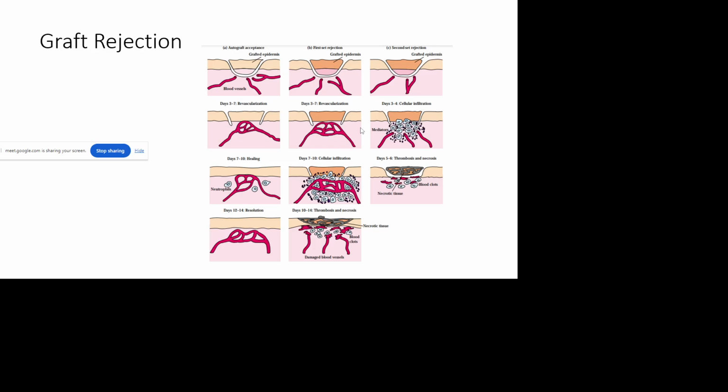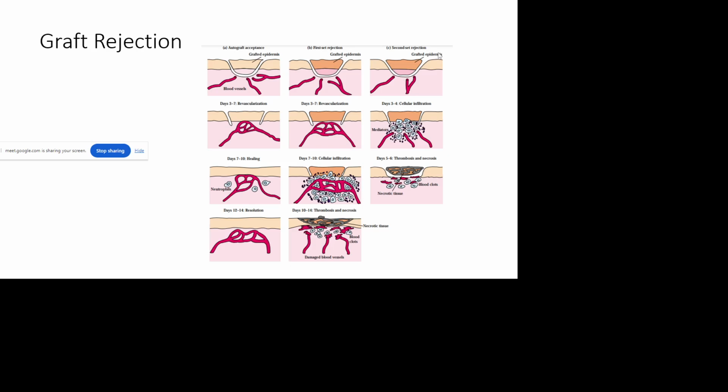Whenever this vascular system is generated, the lymphocytes will infiltrate to the site of the graft. This is called cellular infiltration, and then there will be thrombosis and necrosis, right? The lymphoid cells will damage the grafted tissue, and it will undergo necrosis. So there will be remnants of the necrotic tissue. That's how this graft will be rejected here. It is called first set rejection.